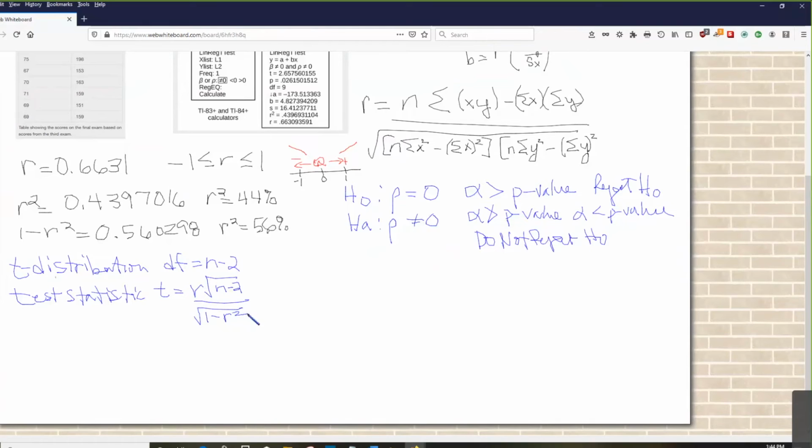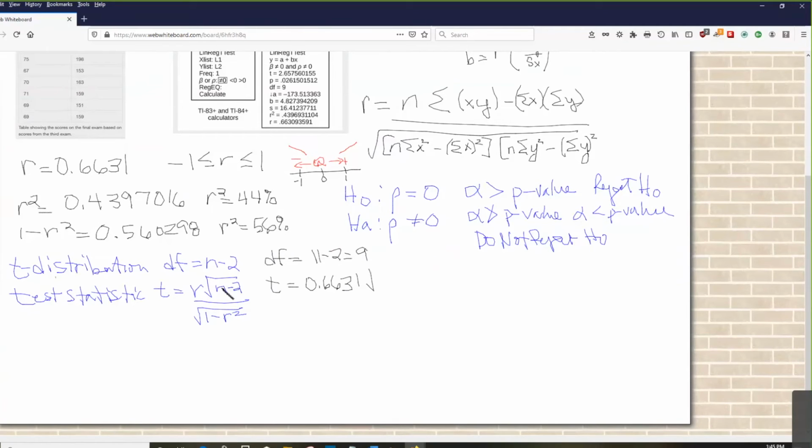So let's continue on with the same sample. My degrees of freedom for this particular problem is going to be 11 minus 2, which is going to equal 9. To get my test statistic, I've got my r, which is 0.6631.